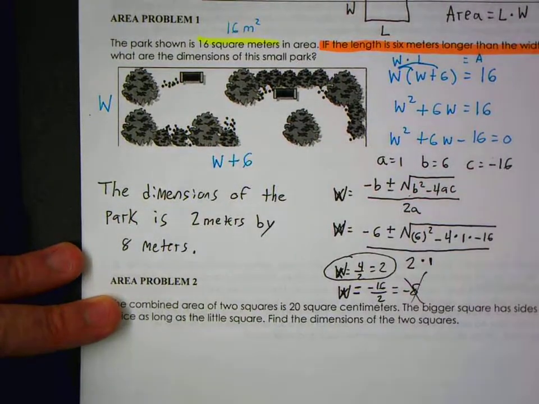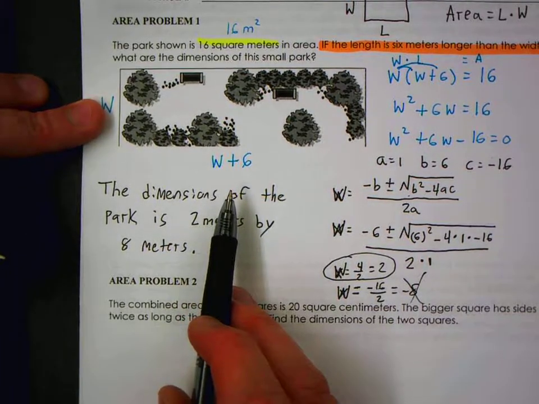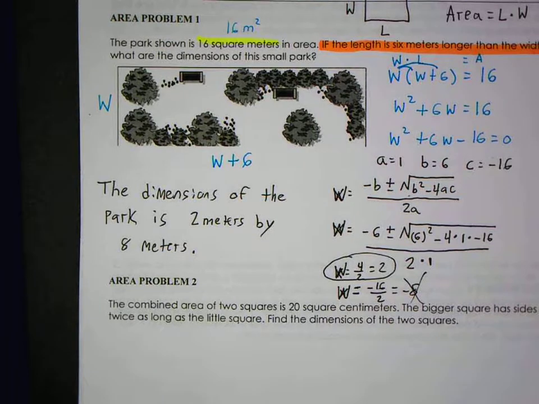That should work. I'm going to check our work. 2 times 8 is 16. So the dimensions of the park are 2 meters by 8 meters.